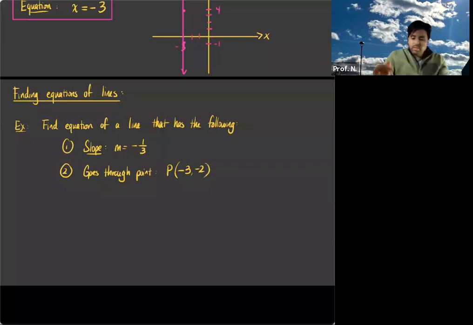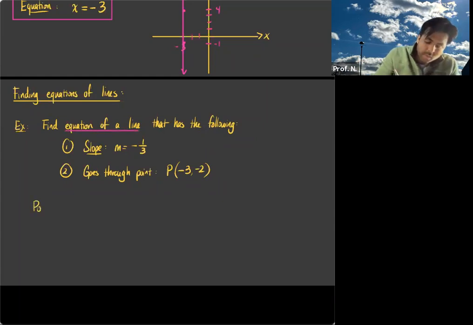Now, how would I find the equation of a line? What I'm going to use now is a new form. I'm going to use the point slope form. So keep track. How many different forms of a line do we have? We have 3 so far.